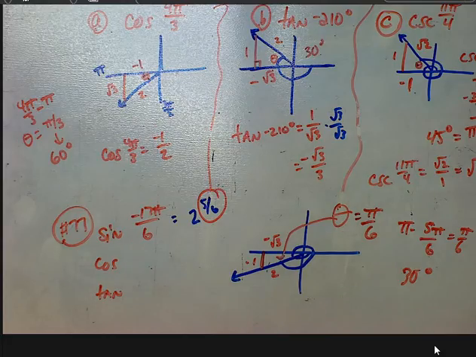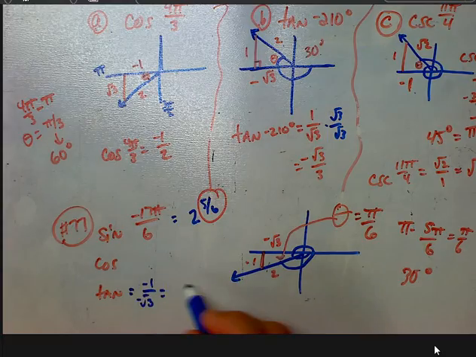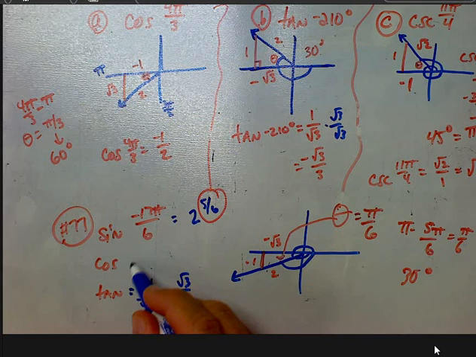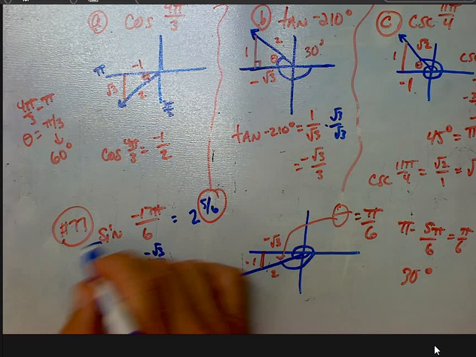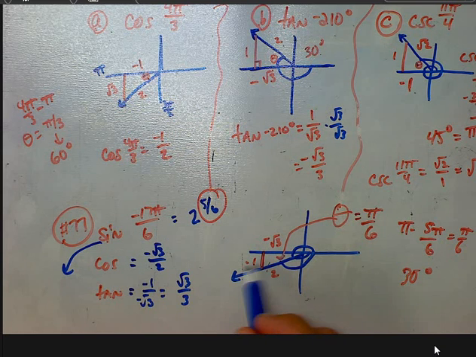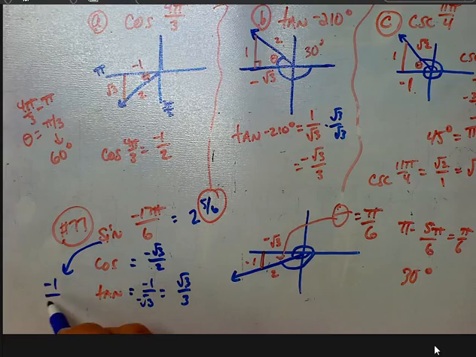So the tangent is going to be y over x, or opposite -1 over adjacent negative square root of 3, which is square root of 3 over 3 when you simplify it. Cosine is going to be adjacent, negative square root of 3 over hypotenuse 2, and the sine is going to be opposite, -1 over hypotenuse 2, and that's how you find those three trig functions.